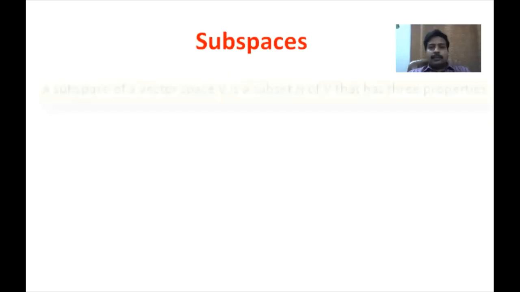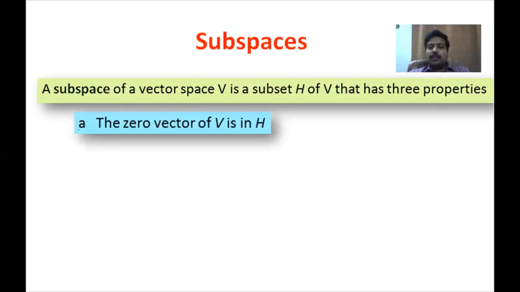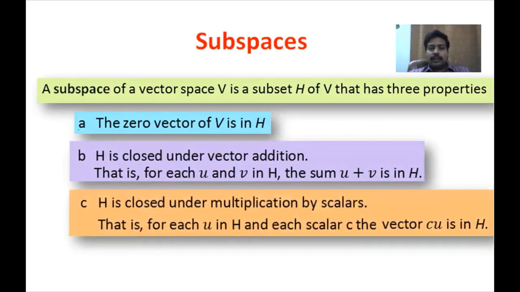A subspace is itself a vector space and a subset of a vector space V, which has three properties. The zero vector must be in H, it must be closed under vector addition, and H must be closed under scalar multiplication. If these three properties are satisfied and H is a subset of V, then we can say that H is a subspace of V.